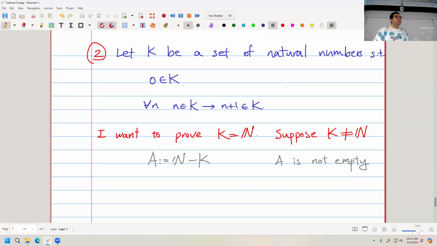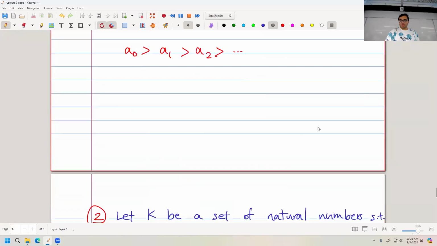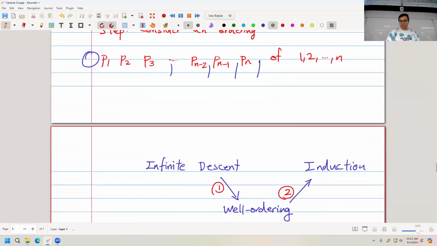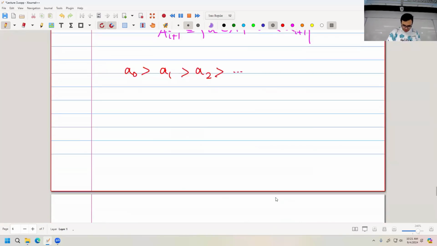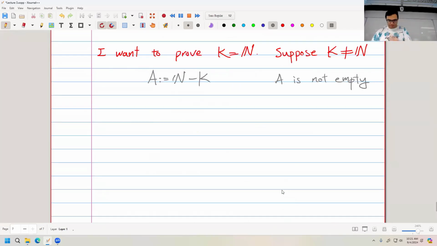If A is not empty, A must have a smallest element. Because remember, this is what we're proving. We can use well ordering here, and well ordering says that any set that is non-empty has the smallest element.